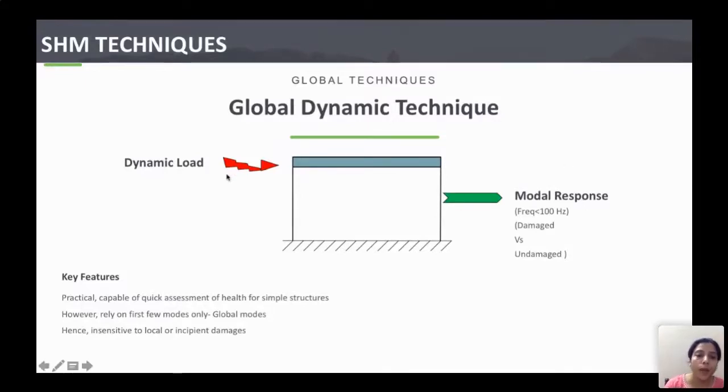So when you apply dynamic load on the structure, the modal responses will be compared in the damaged and the undamaged state. This technique is used when the level of damage is high, because the whole structure is acting as one unit, and this technique works in the frequency range of less than 100 hertz. So only very large damages can be detected using this technique.